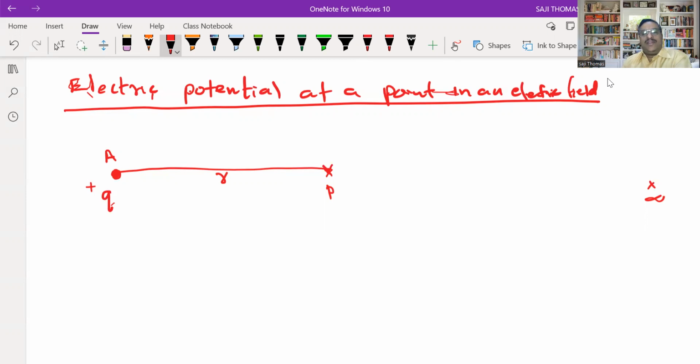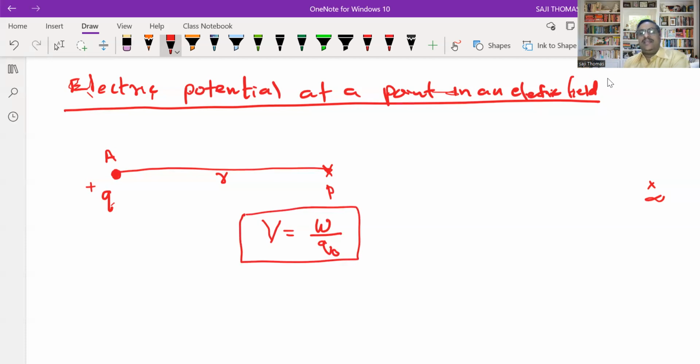So we can define potential as work per unit charge, W by Q0. Q0 is known as the test charge. So why do we have to move from infinity? Because at infinity, force due to the source charge is 0.